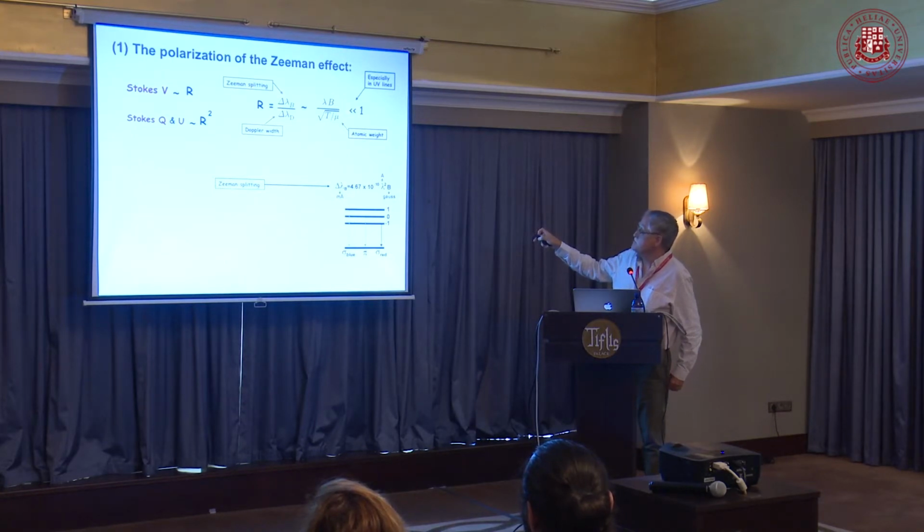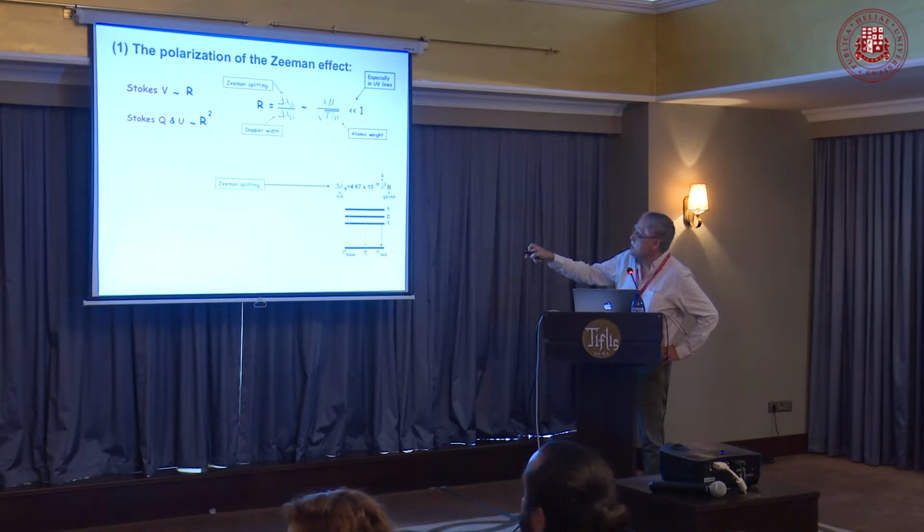In the upper chromosphere and transition region, the magnetic field tends to be weak, the temperatures are very hot, and the radiation is produced in the UV, so everything conspires to make this quantity much smaller than 1. The circular polarization amplitude scales with this quantity, while the linear polarization scales with its square. Since this is much smaller than 1, there is no hope to measure this.